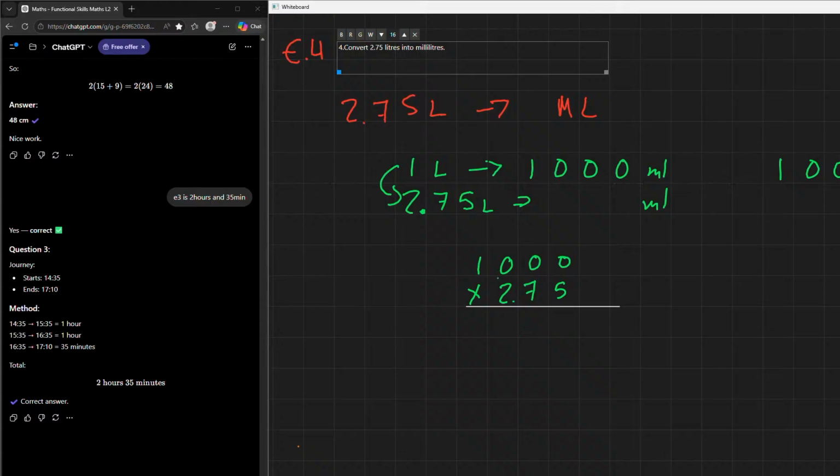Rather than do the whole thing, I'm going to do this. 275, then we add the 0, and then we have to take away 2 decimal points. So it's going to be 2,750 milliliters. Okay, for question 4.